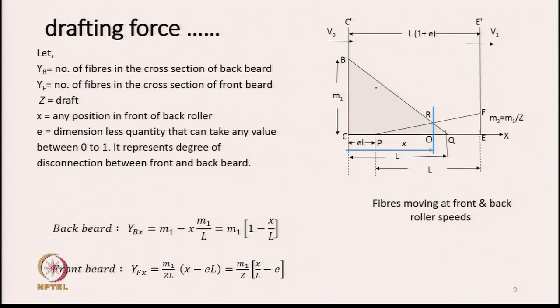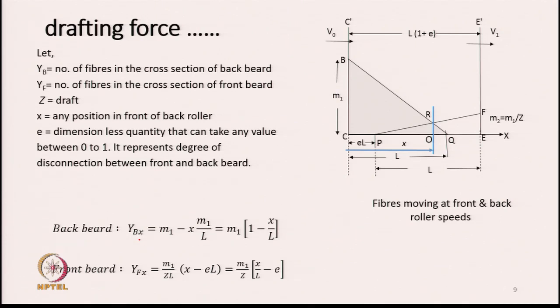Now, from here we can write that at any distance x, the number of fibers in the cross section is represented by the equation y_b(x) equal to m1 minus x into m1 by L. So, this is basically the equation of the straight line BQ. If you look at the line BQ and try to find out the equation of this line, it has a negative slope.